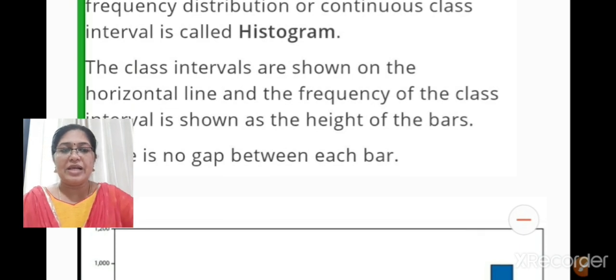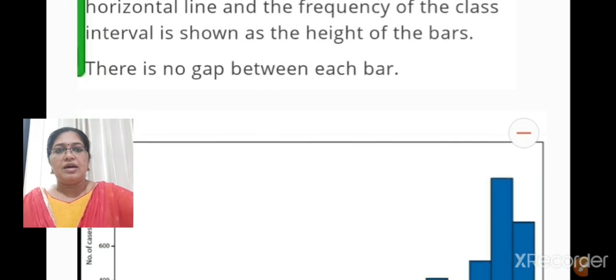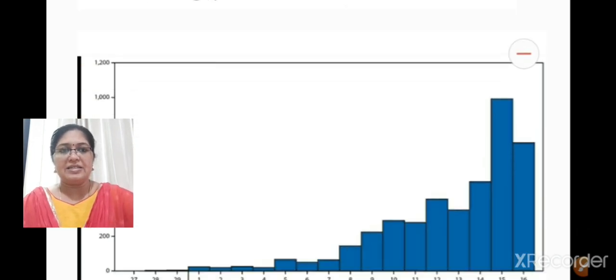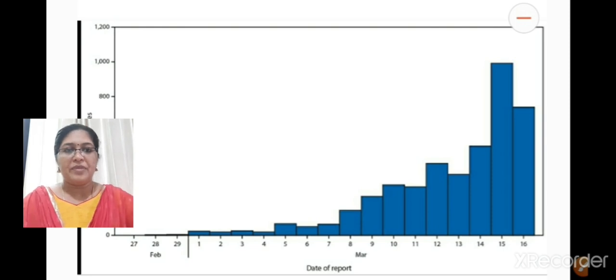The class intervals are shown on the horizontal line and the frequency along the vertical. In a bar graph, you have seen there is a gap between the bars, but in a histogram there will be no gap between the bars. It will be continuous.